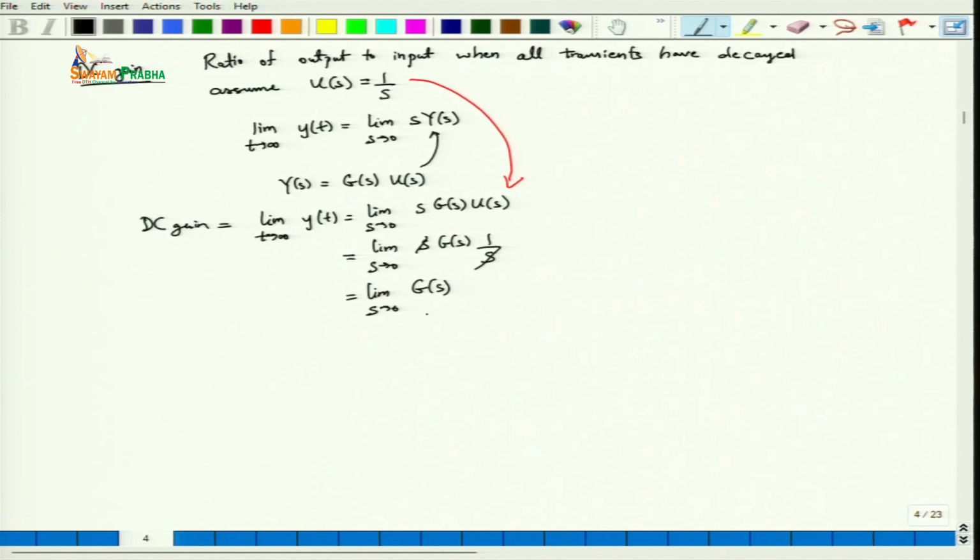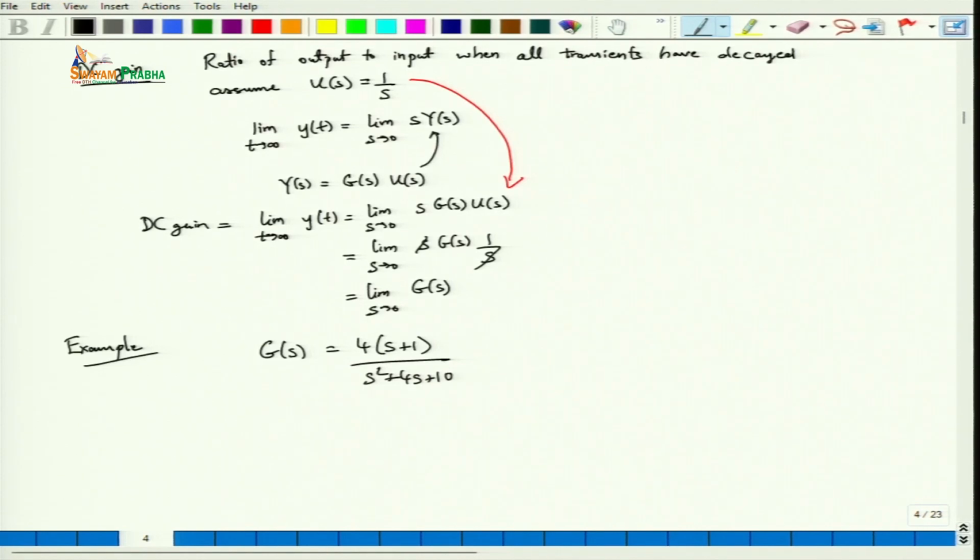So, let us take one example. Let us take g of s equal to 4 times s plus 1 divided by s square plus 4s plus 10.